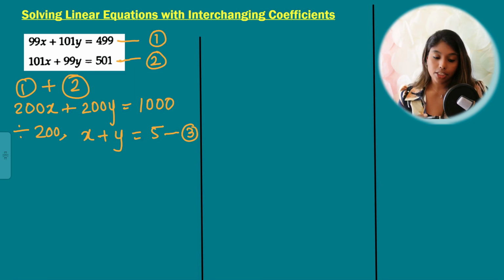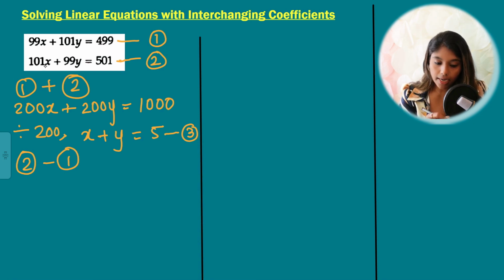The next step is to subtract both the equations. Now when I deal with subtraction, I just make sure that I don't get a negative term as my x. So in order to do that, I have to pick the equation which has the greatest coefficient for x. So that's the second equation, right? So I do equation 2 minus equation 1.